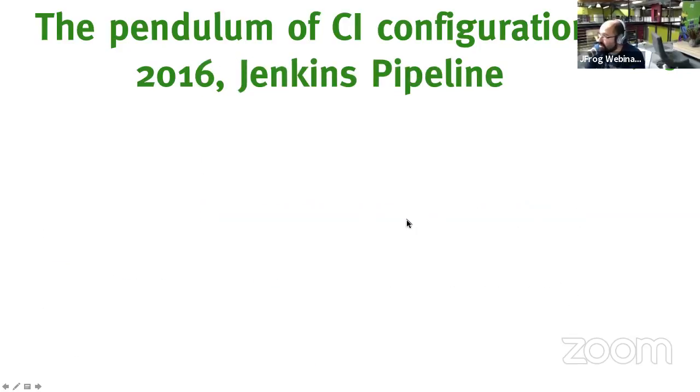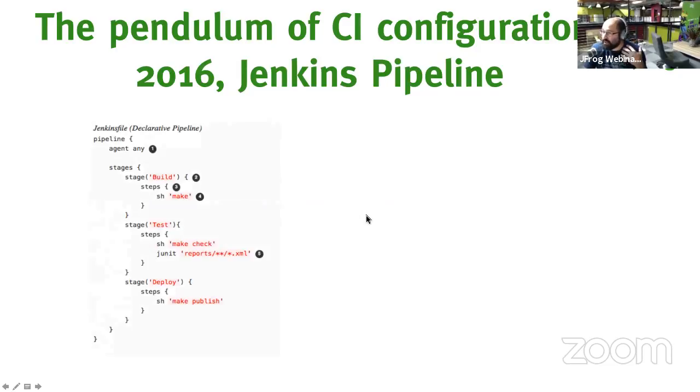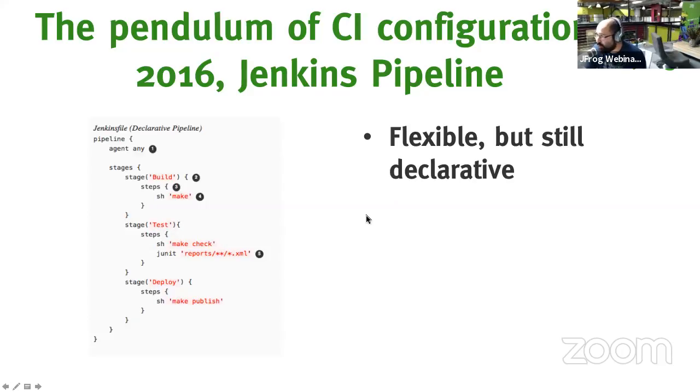In 2016, Jenkins Pipeline became the default in Jenkins 2, and that's a proper DSL for defining CI builds. It's kind of a win-win because it's flexible: you write code, it's a DSL written in Groovy, and it's still declarative.